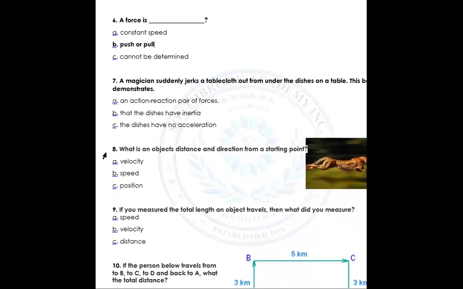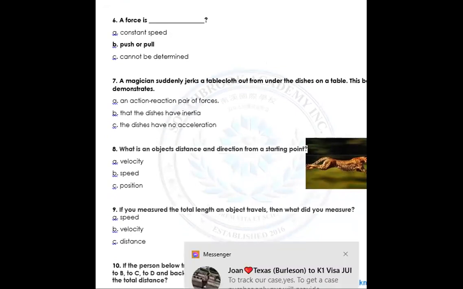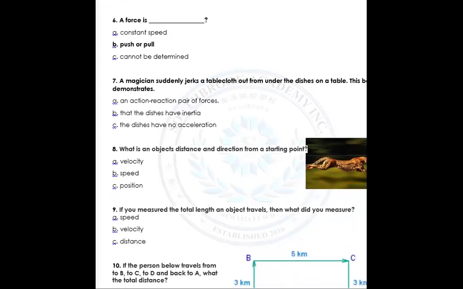Number 7. A magician suddenly jerks a tablecloth out from under the dishes on the table. So this best demonstrates what? A, an action pair of forces. B, that the dishes have inertia. Or C, the dishes have no acceleration.